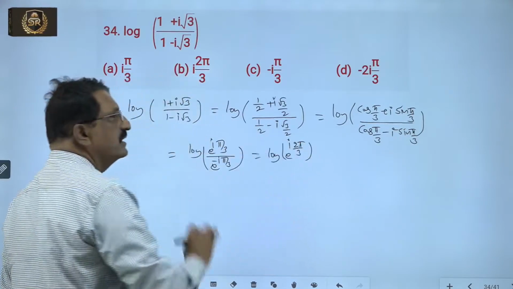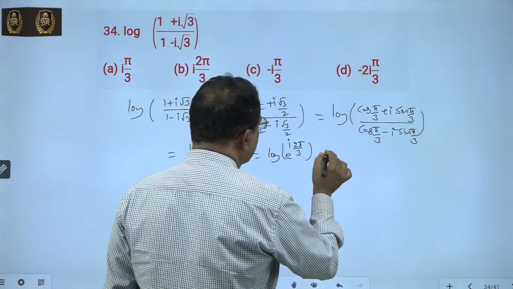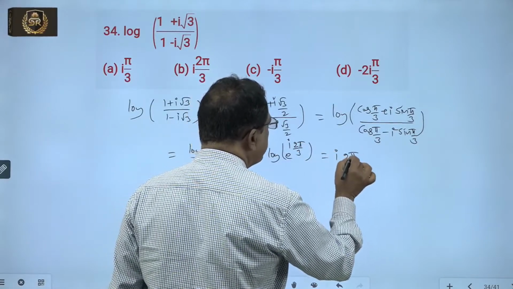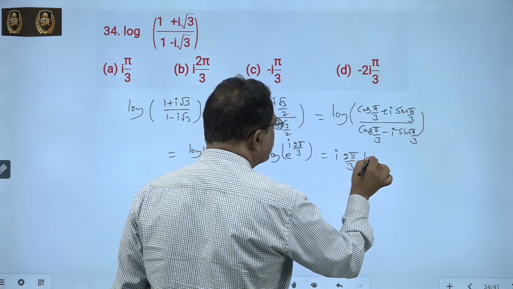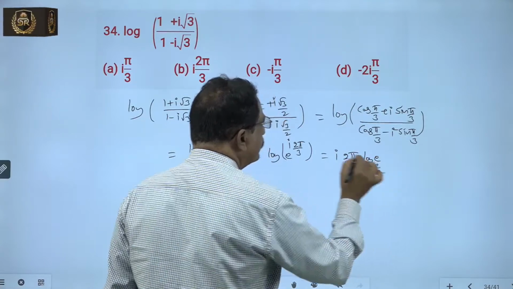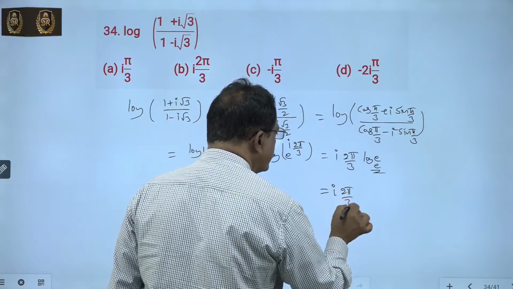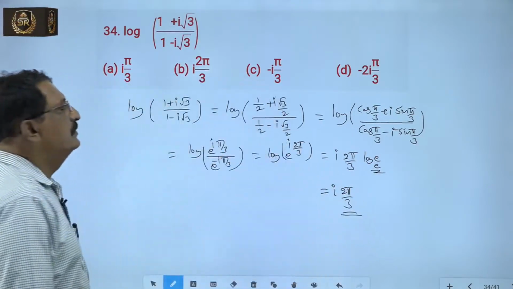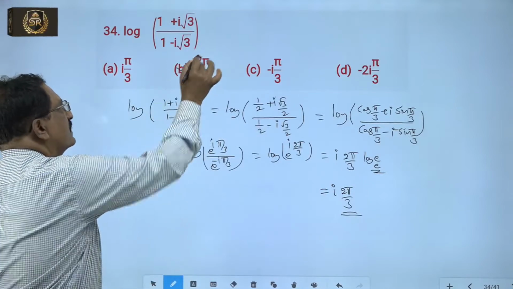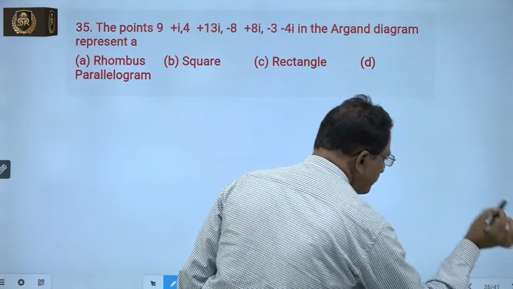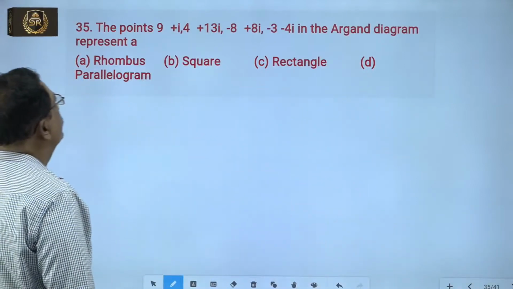Now log x power n equals n log x, so that equals i 2 pi by 3 log e base e, but log e base e value is 1, so the answer is i into 2 pi by 3. Now the second option, option B is correct.